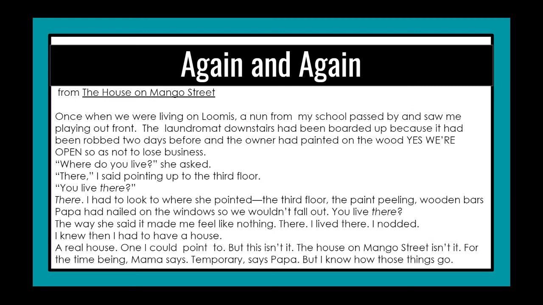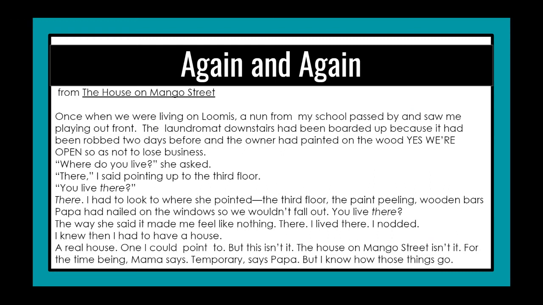There. I lived there. I nodded. I knew then I had to have a house. A real house. One I could point to. But this isn't it. The house on Mango Street isn't it. For the time being, Mama says. Temporary, says Papa. But I know how those things go.